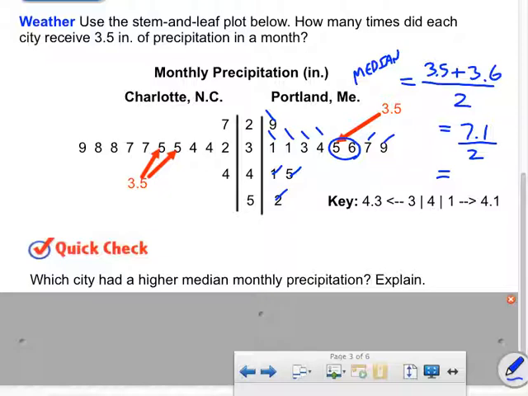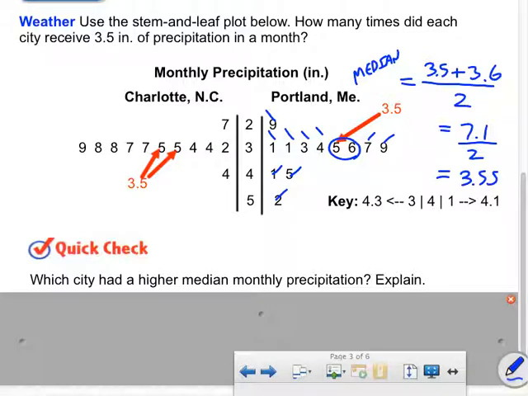No, 3.5 is half of 7. We want 7.1. So what's that going to be? You're close. 3.55, 3 and 55 hundredths.